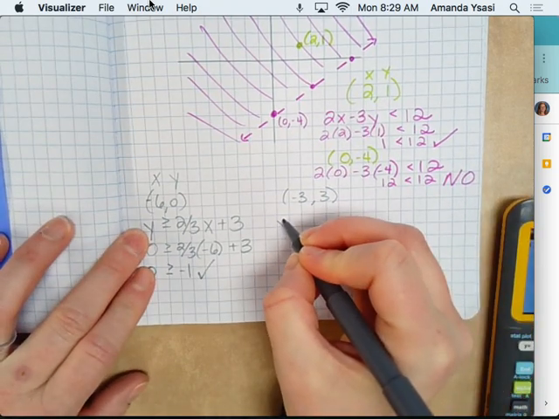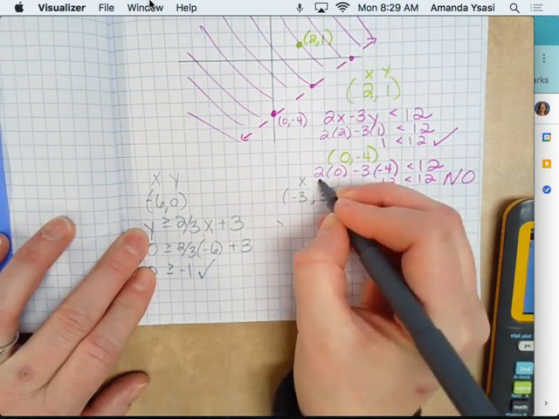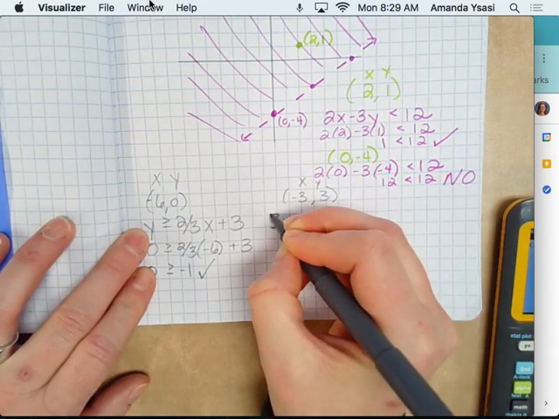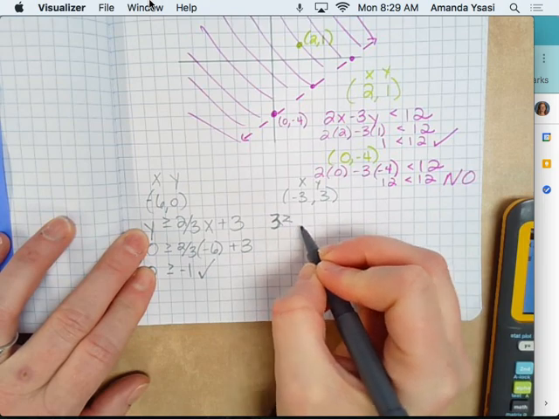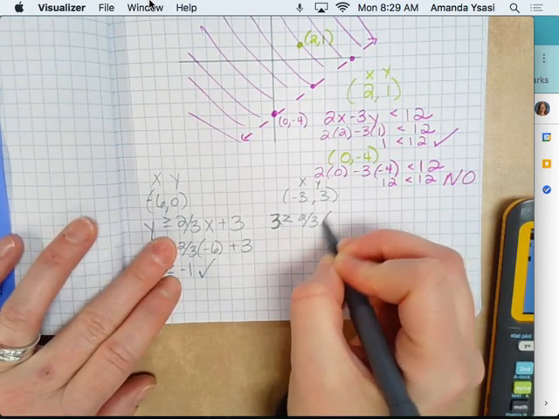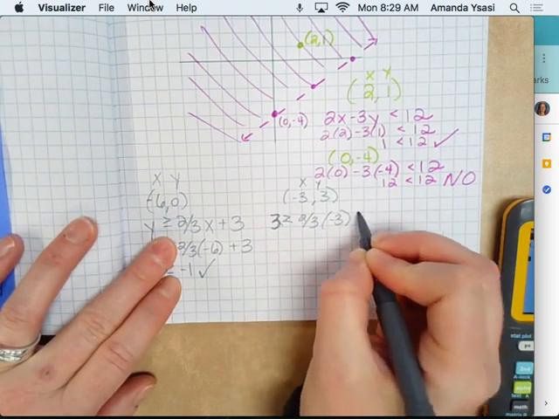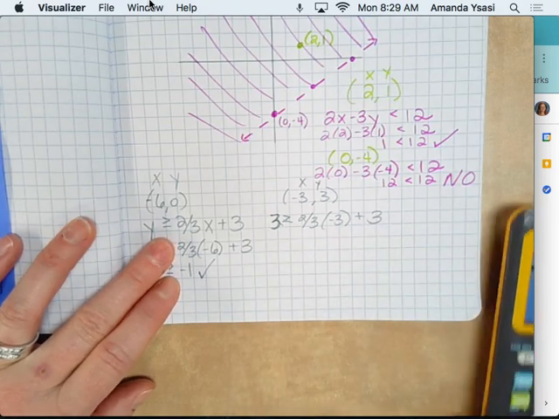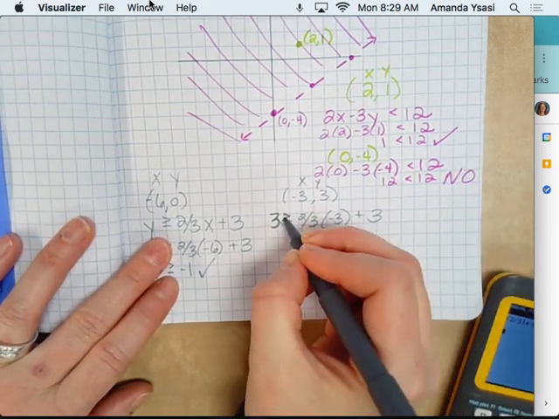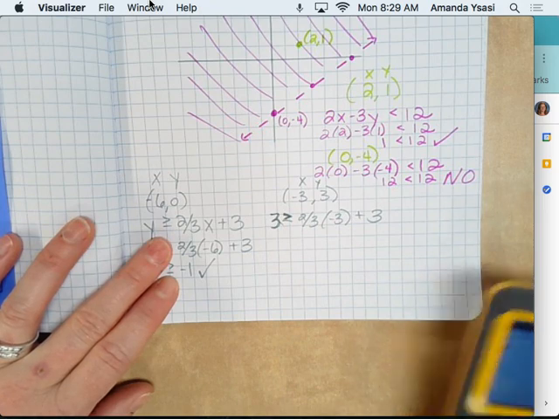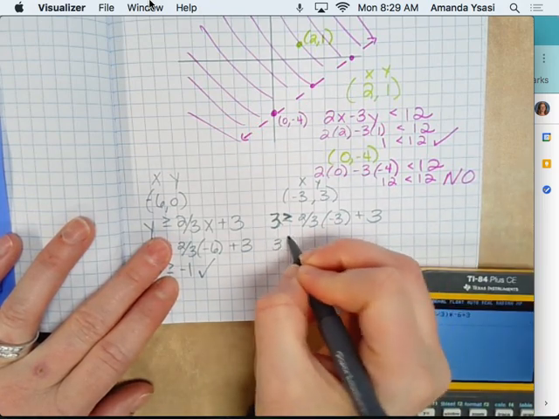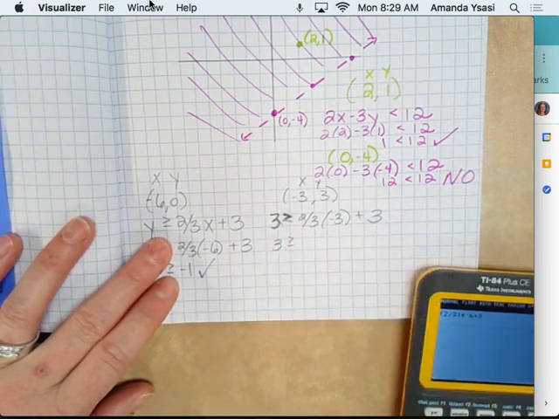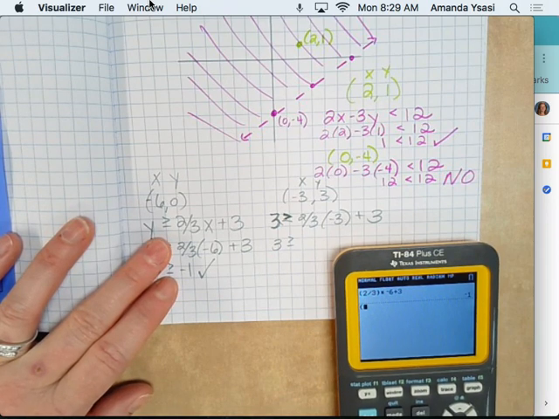So do this again. This would be x, y, so it'd be 3 greater than or equal to 2/3 times negative 3 plus 3. Sorry, my symbol looks bad. I'm just putting the right-hand side in my calculator just so I can ensure that it is correct.